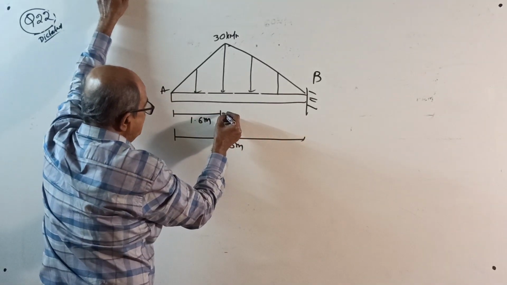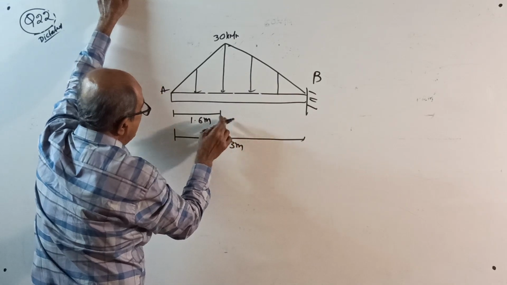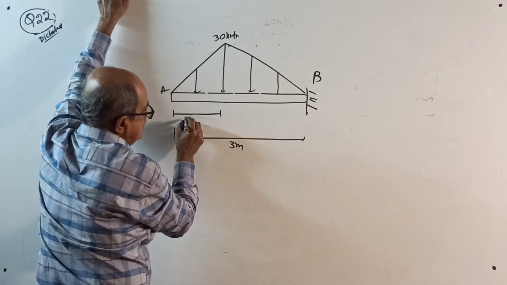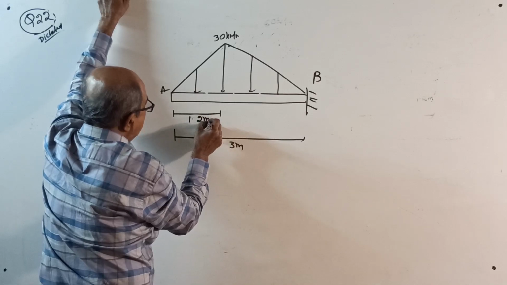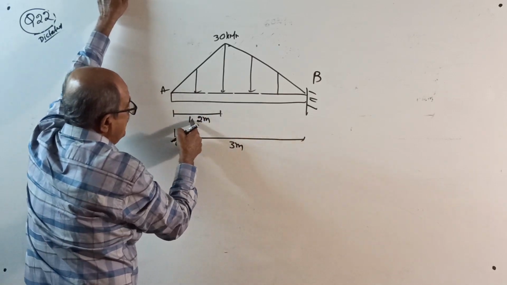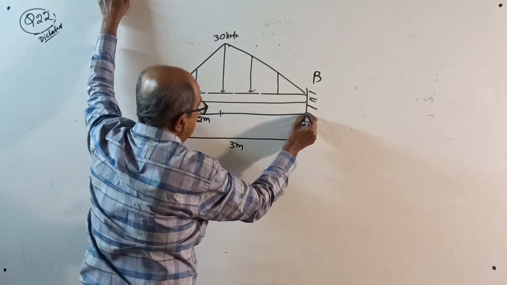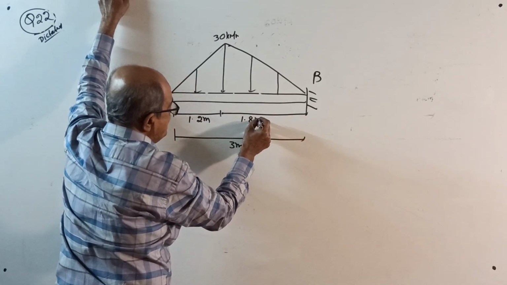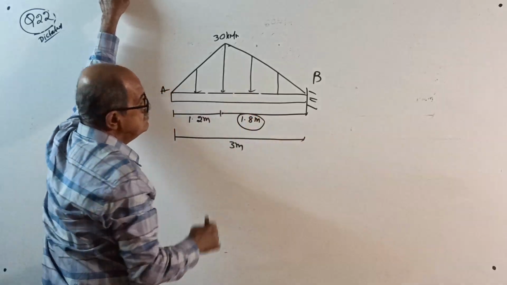It can't be 1.6 because 3 has 1.5. So if it is 1.2, this will become 1.8 meter. Remember, not given, calculated.